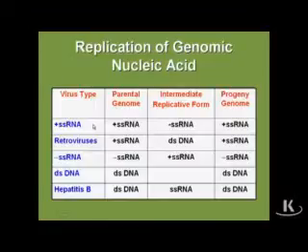The genome is a positive strand of RNA. We said that in order to make more genome, it has to make a copy of itself. So the replicative intermediate is going to be a negative strand of RNA, all right? Then it will use that negative strand to copy and make more parental genome.